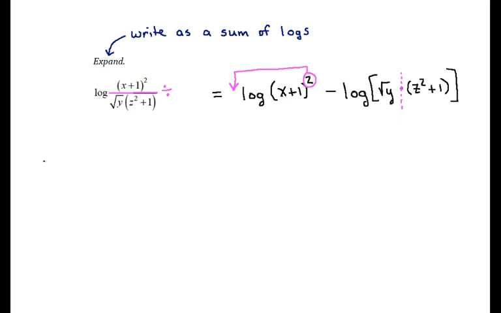So in the next step, I have 2 times the log of x plus 1 minus, I'm going to use square brackets here because I'm going to rewrite this log as a sum of 2 logs, but I want to make sure that that whole sum gets subtracted. So this is the log of the square root of y plus the log of z squared plus 1.